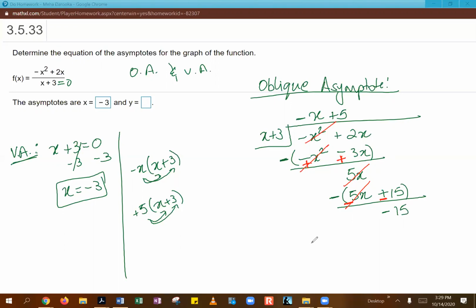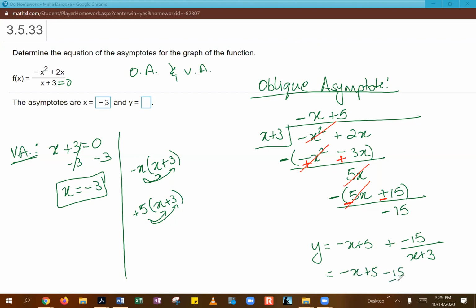So when they say you can rewrite your function as the quotient plus the remainder divided by the divisor, this is what they're talking about. Instead of leaving it as negative x squared plus 2x divided by x plus 3, you can rewrite it in this format.